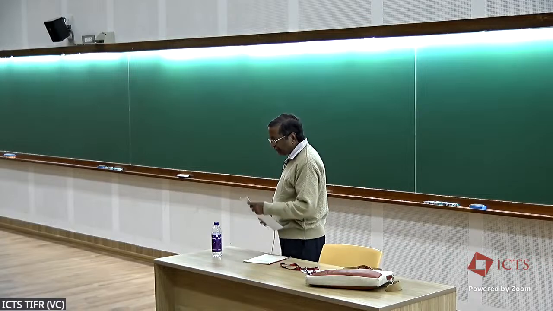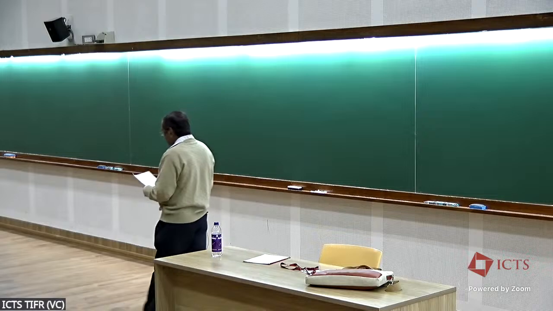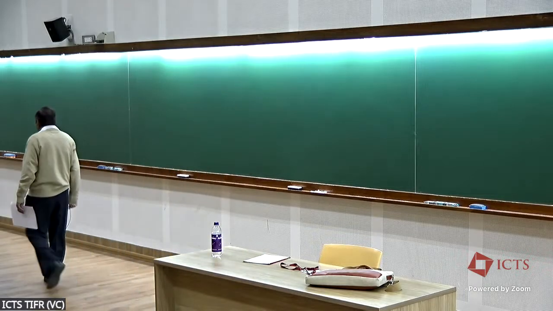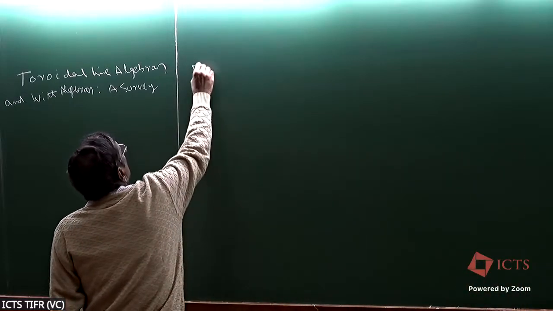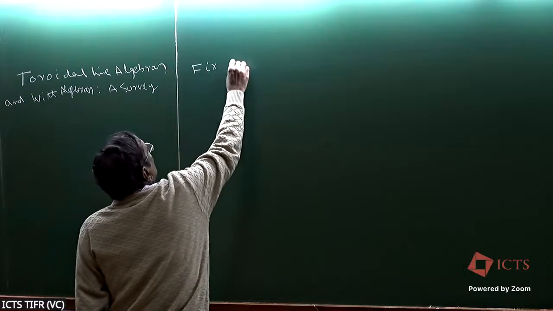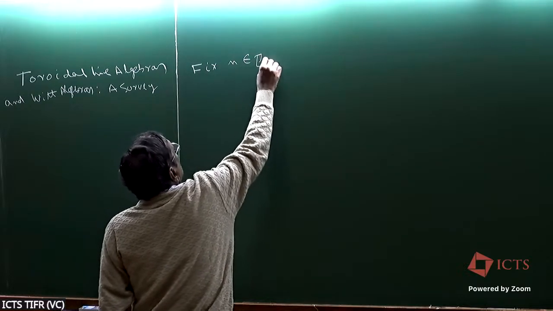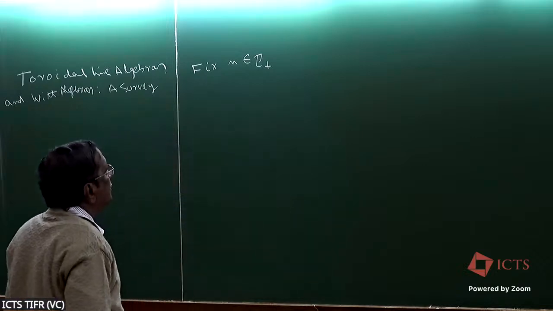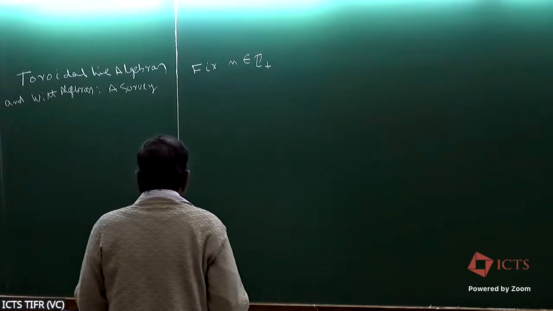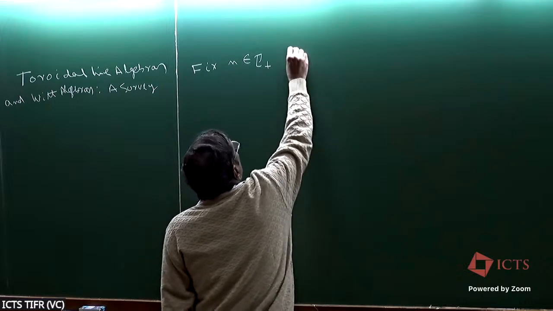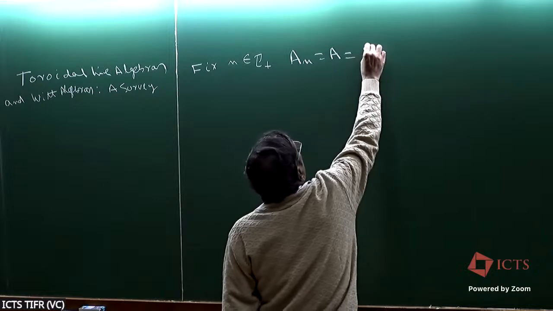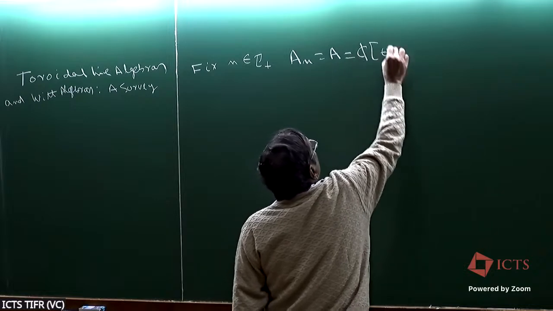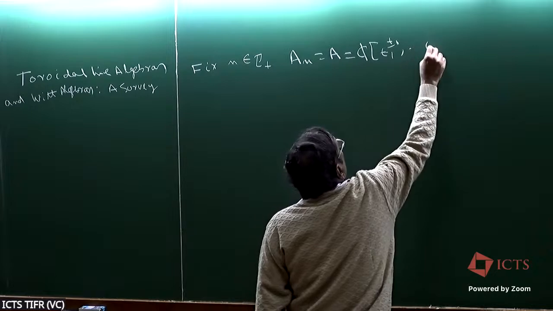So I need to fix the notation, very short notation. Z plus. Okay. And A_n, which is also generally denoted by A for the time being, the Laurent polynomial algebra in n commuting variables.